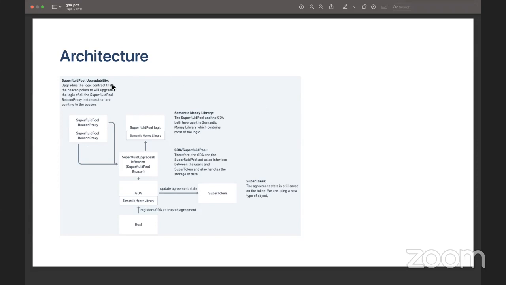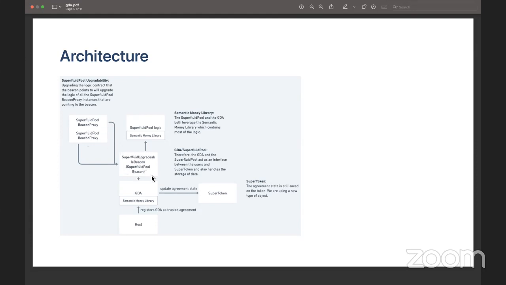So the way that the beacon proxy pattern works is you have something called a beacon, and it points at a logic contract. And when you deploy a proxy, you pass this beacon in the proxy.